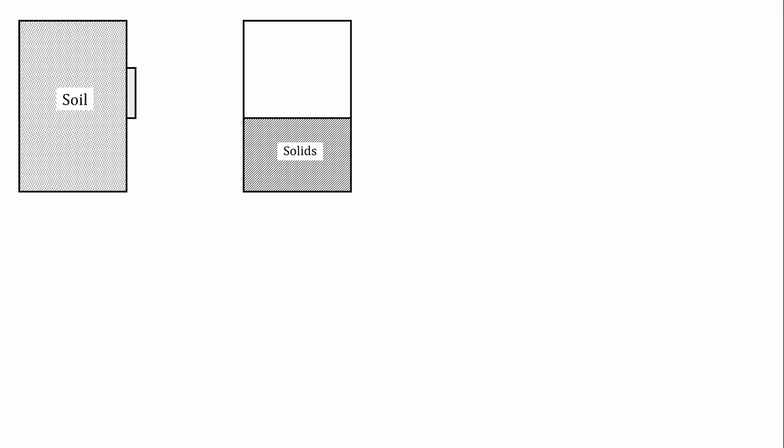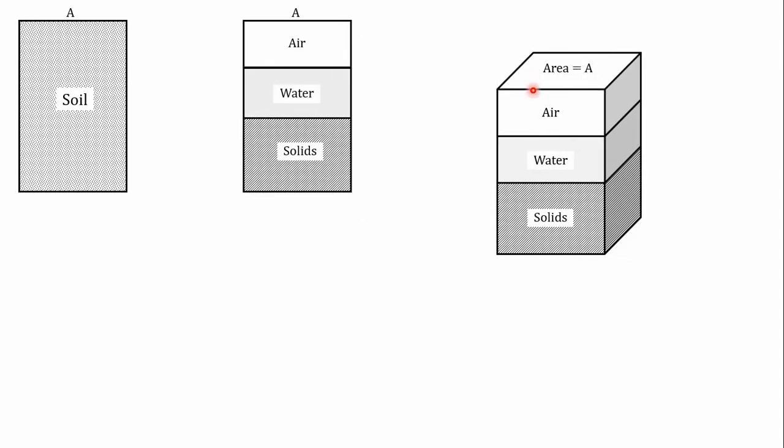Second, it has water. And third, it has air. So, we will look at it in a three-dimensional figure so that we can visualize it better. This volume is the volume of air, this is the volume of water, and this is the volume of solid particles. Here is the cross-sectional area at the top, which is uniform, the cross-sectional area of the air, water, and solids, which is denoted as A.